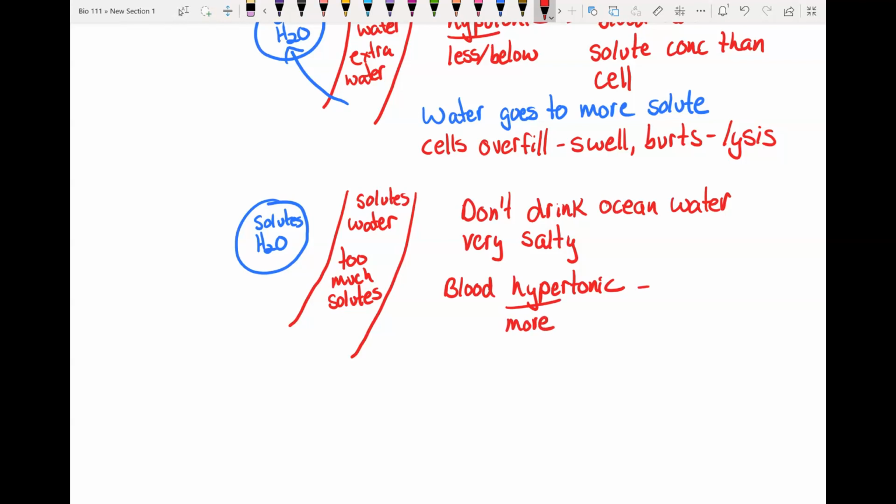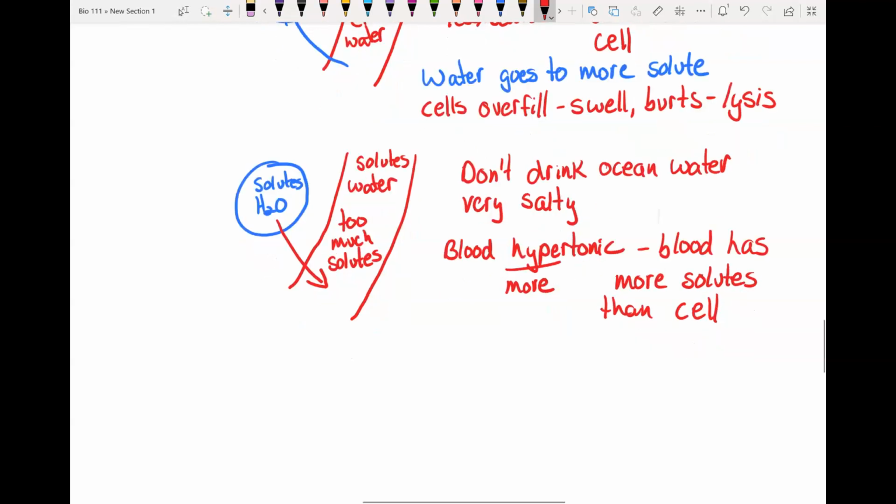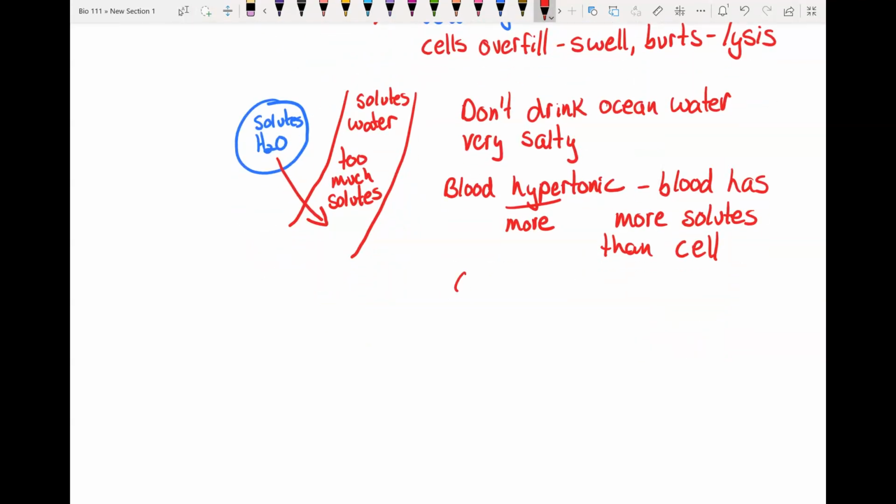So your blood would have more solutes than your cell. So remember, water goes to the solutes. So if there's more solutes in your blood, water will leave your cell and go to your blood. So this will cause your cells to lose water.